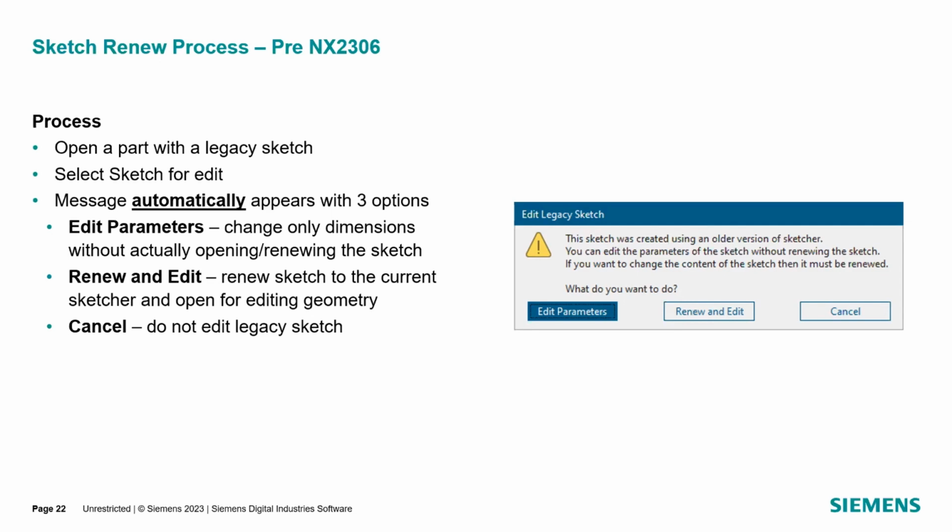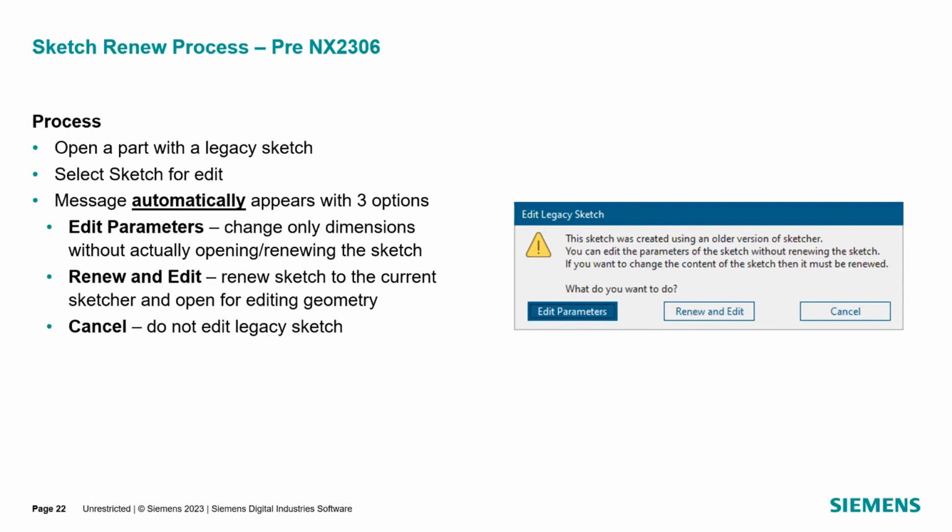Or you could renew that sketch and then go in and edit if we needed to add additional geometry, if we needed more curves, if we were changing some of the profile, it would create an update to the new sketch, and then you could work on it. Or just cancel, right? We wouldn't do anything with it.